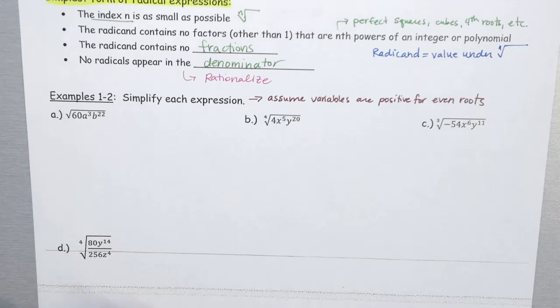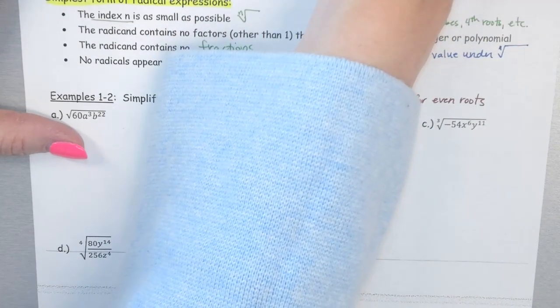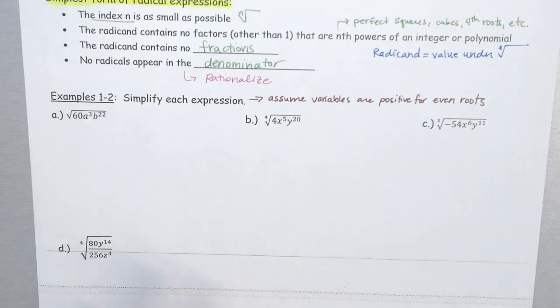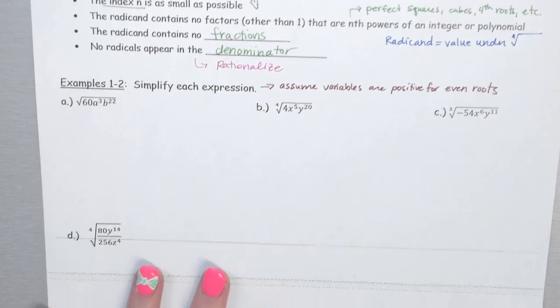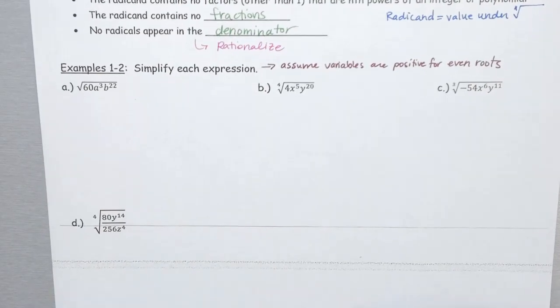And the reason why I'm telling you that is because your book doesn't necessarily do that, and if you ever were to look things like solutions up in the back, you would see that there'd be absolute value symbols. Okay, this is our first time learning this, so we're not going to worry about that. We're just going to worry about our simplification here.